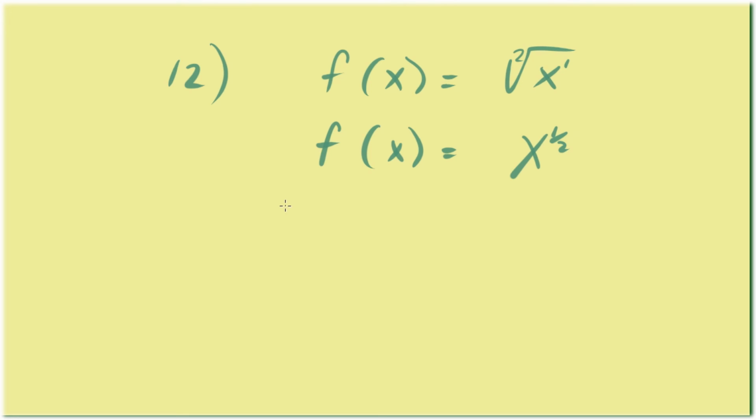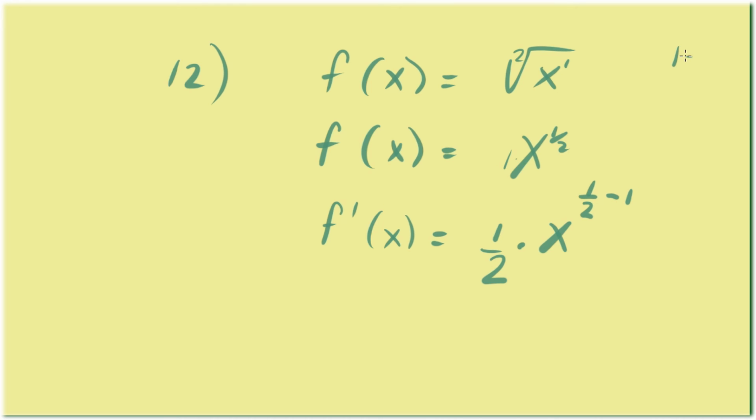So square root of x is equivalent to x to the 1/2. If you get the derivative using the power rule, you multiply that 1/2 times 1, or you can pull that 1/2 out front, that's 1/2 x to the 1/2 minus 1.